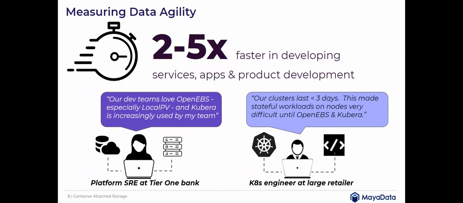As we present, you will probably notice how Conway's law has manifested itself within our organizations, helping us form small, autonomous, agile teams. Data agility is at the core of all the tools we built at MayaData: OpenEBS, Litmus, and Kubera as a platform itself.